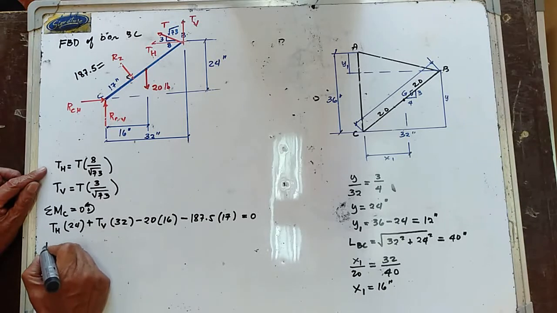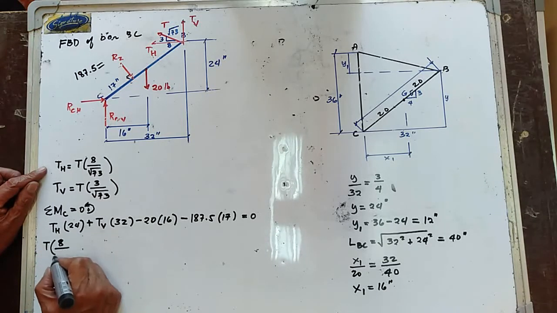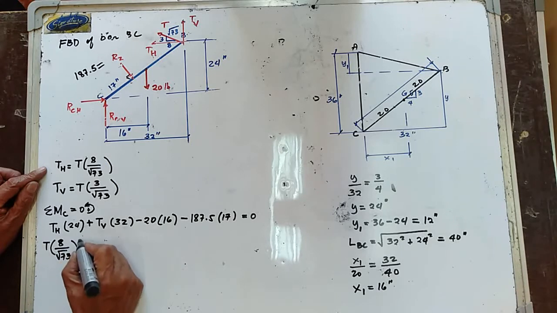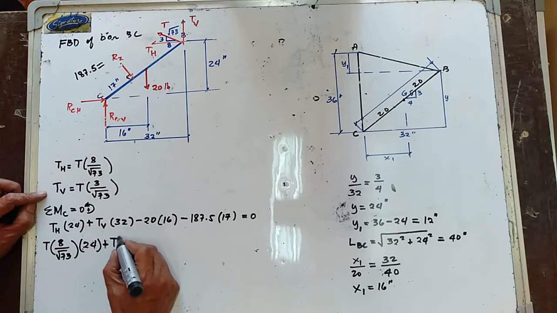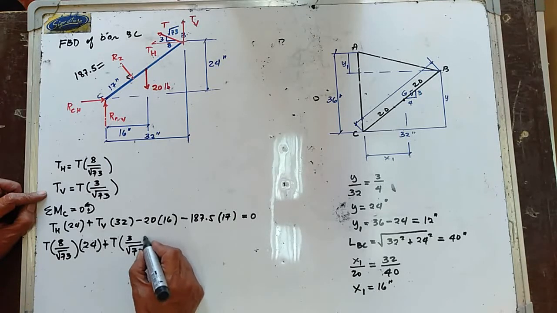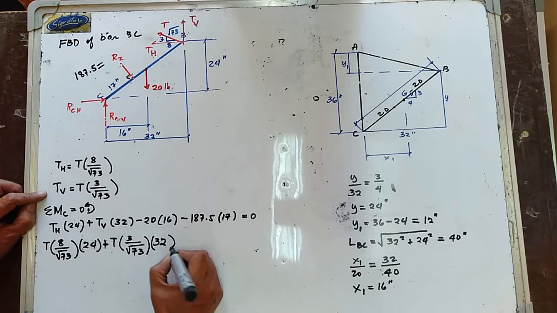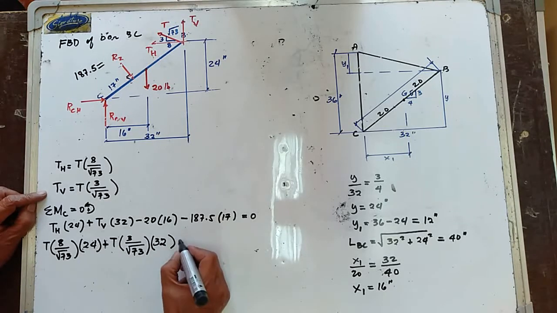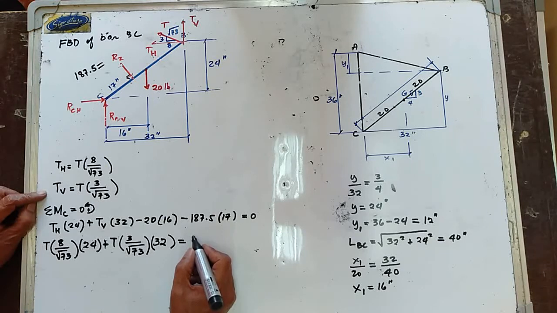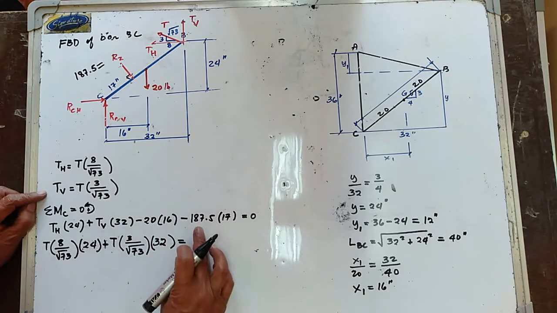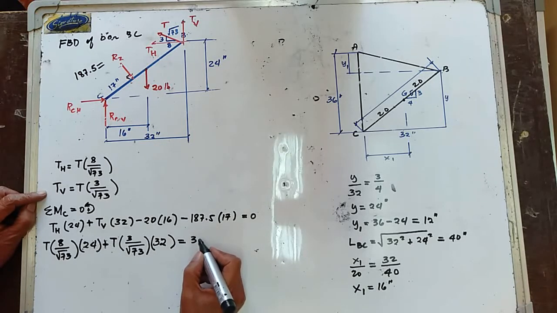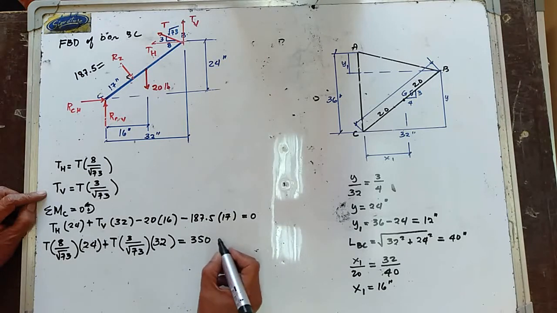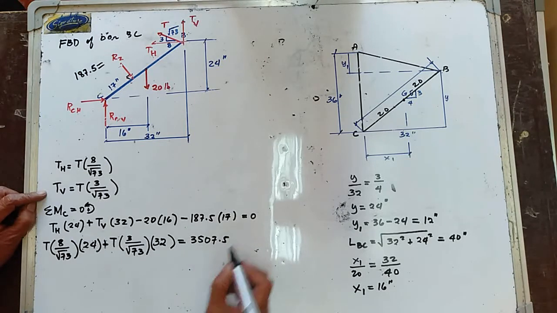So T horizontal is T times 8 over the square root of 73 times 24, plus T vertical is T times 3 over the square root of 73 times 32. This is equal to 20 times 16 plus 187.5 times 17, which is 3507.5.